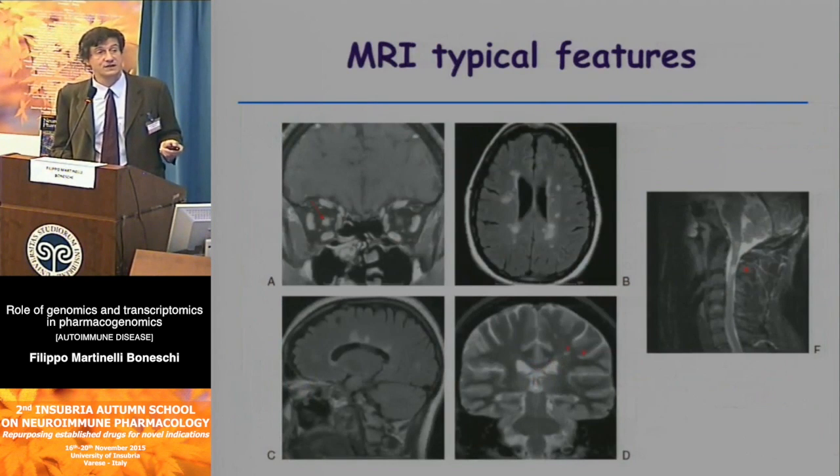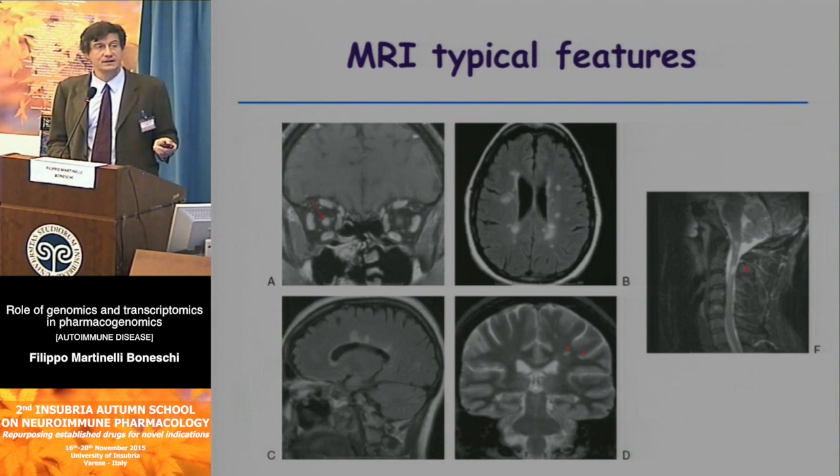And here you can see the MRI. If you remember the previous slide showing MRI in the disorder related to perforin, here it is similar, in the sense that demyelinated lesions are diffuse.